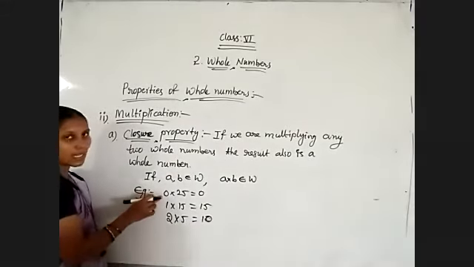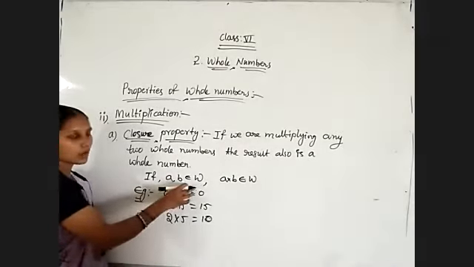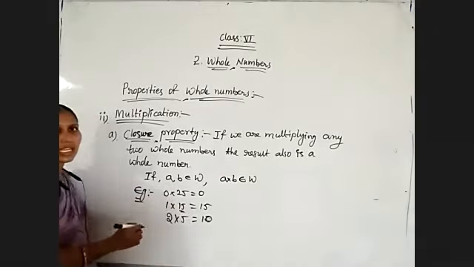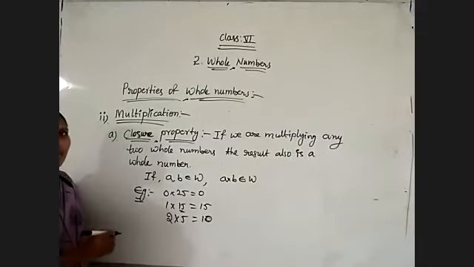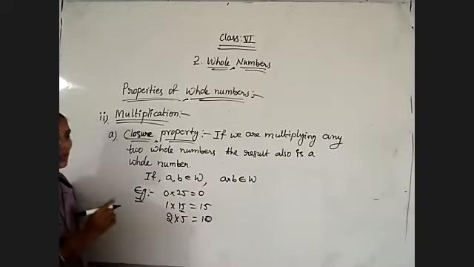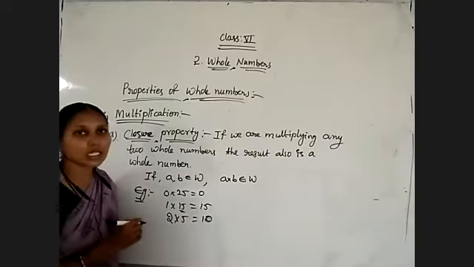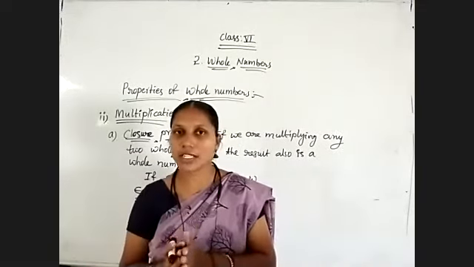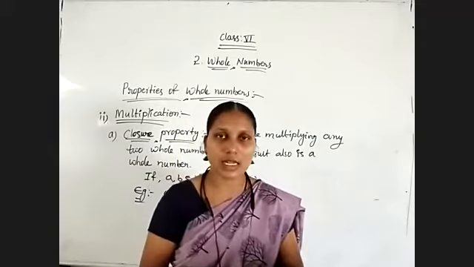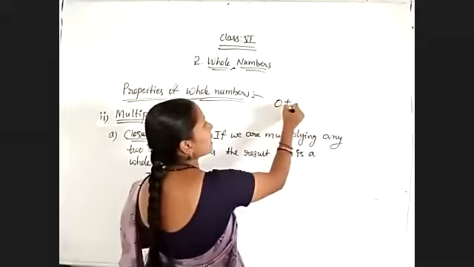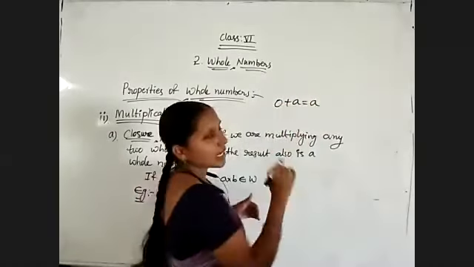When you are multiplying with 0, the result is 0. When you are multiplying with 1, the result is that number itself. Take any table: 7 ones are 7, 8 ones are 8. Whenever you multiply with 1, you get the same number as the result. Yesterday we talked about identity element. When we add 0 to any number, we get that number only as the result.